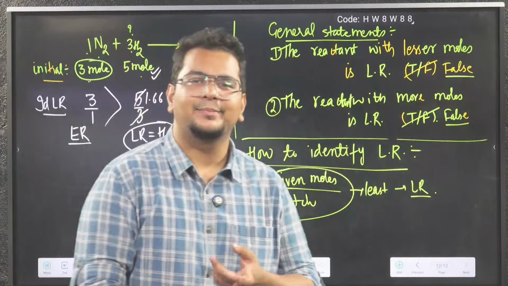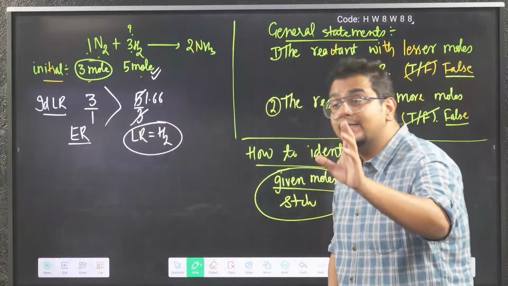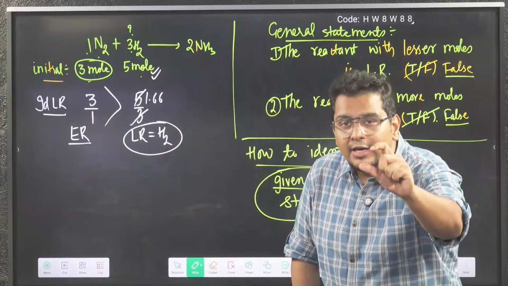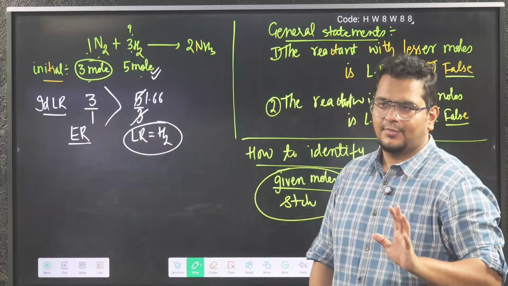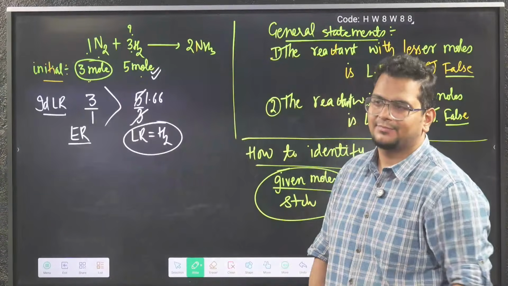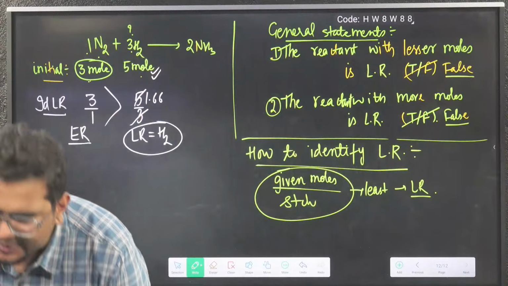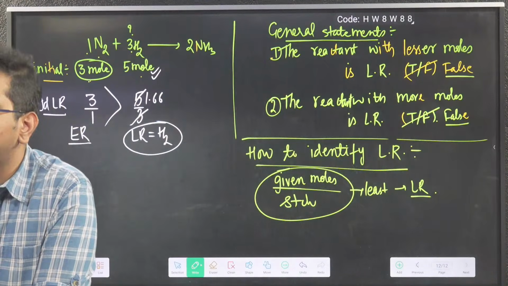Sir, can I say that more moles is limiting reagent? No. Limiting reagent is that species whose given moles by stoichiometry will be lesser. So if the given moles by stoichiometry is lesser, it is the limiting reagent, and if given moles by stoichiometry is more, it is the excess reagent.